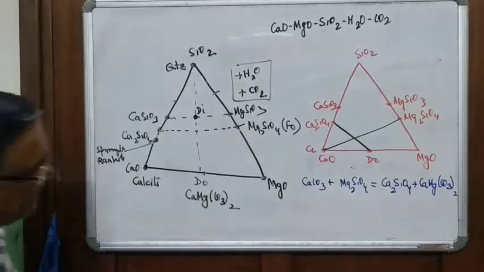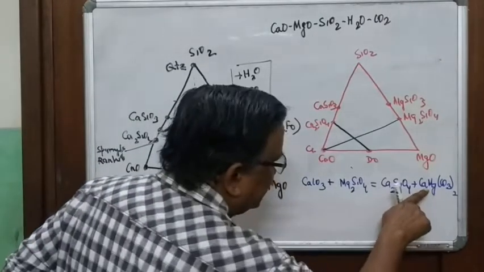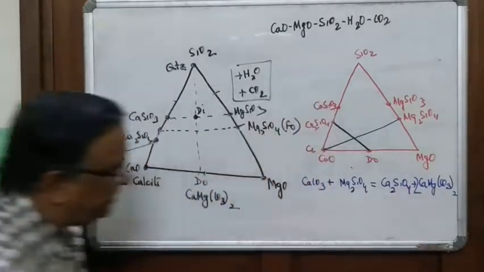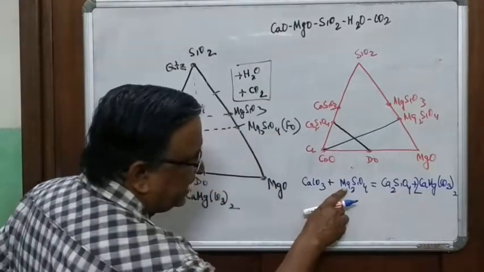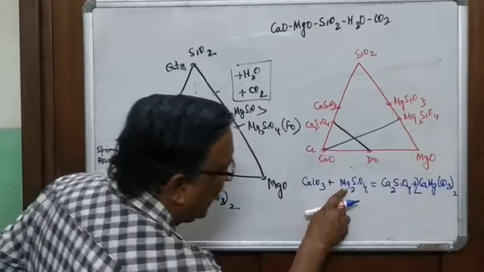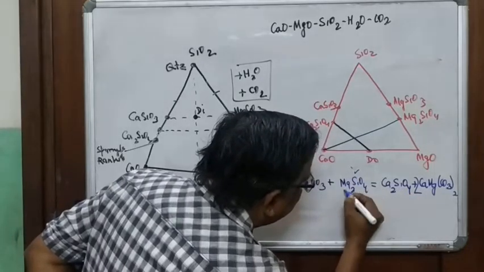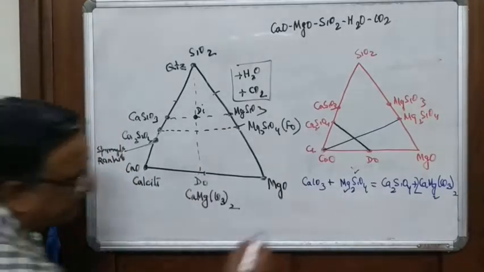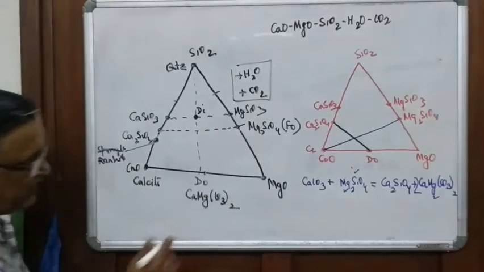Let's see how we can balance. You see there is magnesium 2 here. So first we have to do the magnesium here. So we have now 2 magnesiums here, and here are 2 magnesiums. And you can see 1 silicon here and 1 silicon. So silicon is balanced, magnesium is balanced. Now look here. You have 2 calcium plus 2 calcium, 4 calcium.